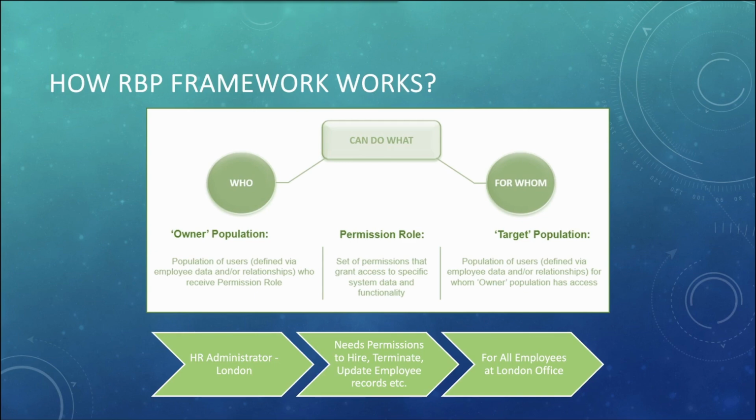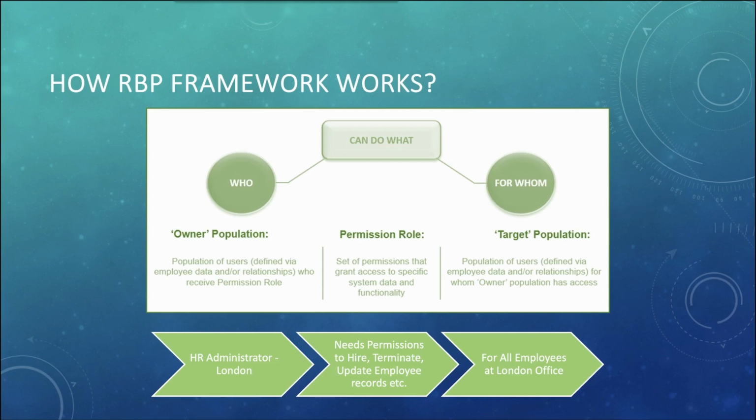So let's say in London we have 5 HR administrators, so we can create a group called HR administrator London and put those 5 users into that group. Now that group will need a role, which will be nothing but a set of permissions.